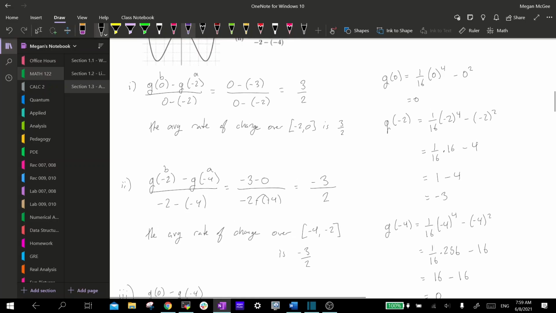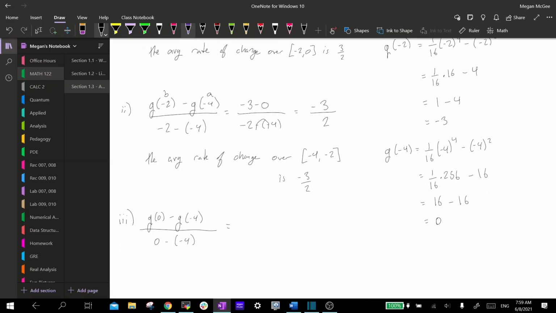So g of 0 is 0. G of negative 4 is also 0. And then we have 0 plus 4, so we get 4 in our denominator. So we have 0 over 4, and whenever there's 0 in the numerator, which is the top, it's just 0, no matter what the bottom is.